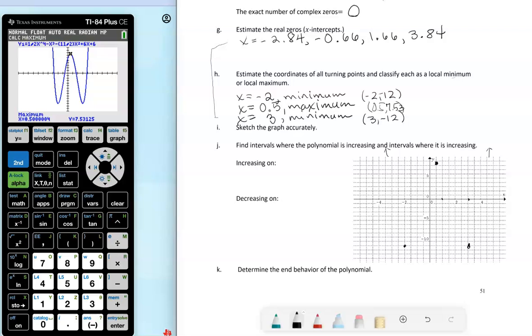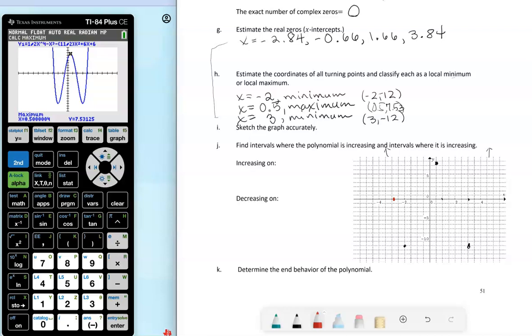So there's my max. My intercepts, let me change my ink color to red. My x-intercepts are at -2.84, so this is -3 right there. So -2.84 would be right about there. Next x-intercept is -0.066.